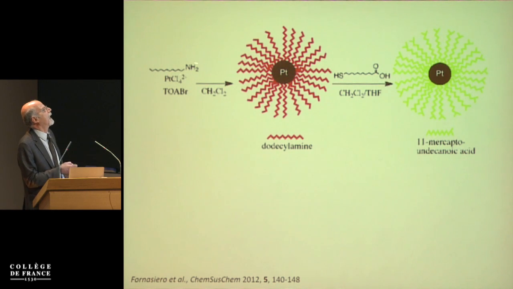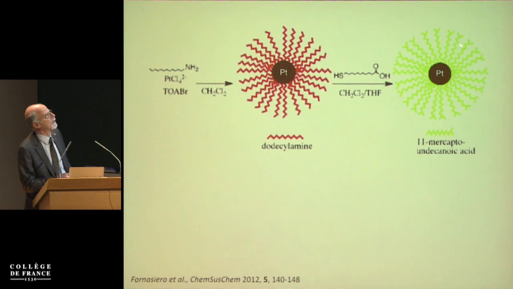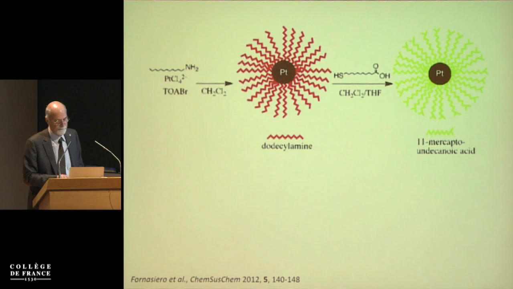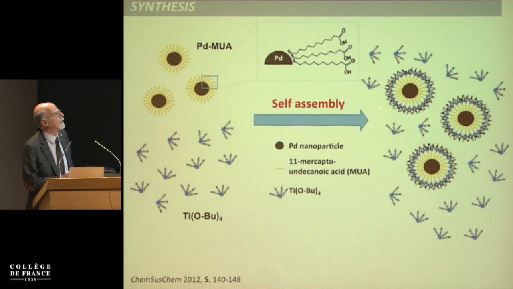In practice, they know how to prepare palladium or platinum nanoparticles surrounded initially by a weak ligand like dodecylamine, and then displaced by the use of this mercaptodecanoic acid. Now we have the palladium or platinum nanoparticles surrounded by acidic functions, and we can use the sol-gel technique to generate a layer of titanium oxide around the nanoparticle.